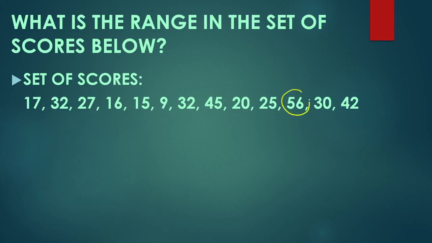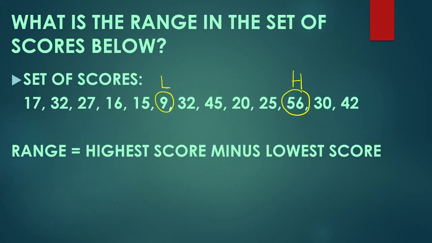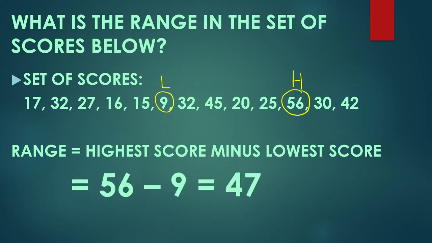What is the lowest score? 9 is the lowest. So using the formula, highest minus lowest, how much is 56 minus 9? 47. So that is how you compute the range.